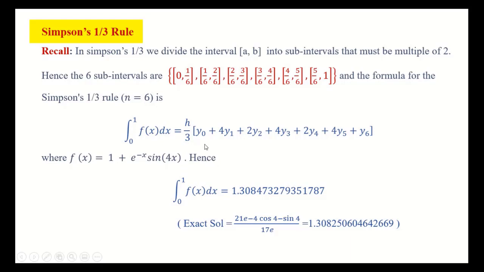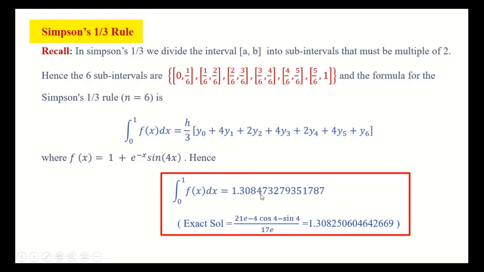After using these values in the formula and after some calculation, we get the answer 1.30847 and so on, and this is the exact solution. Here you can see that you have a better approximation as compared to the trapezoidal rule. The approximation is 1.308, meaning you have an accurate approximation up to 3 decimal places.